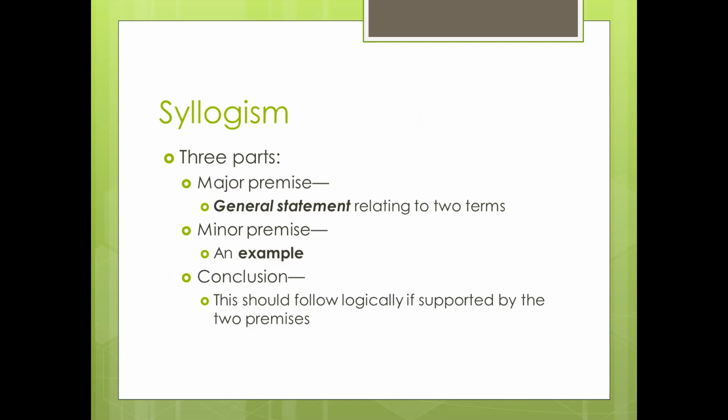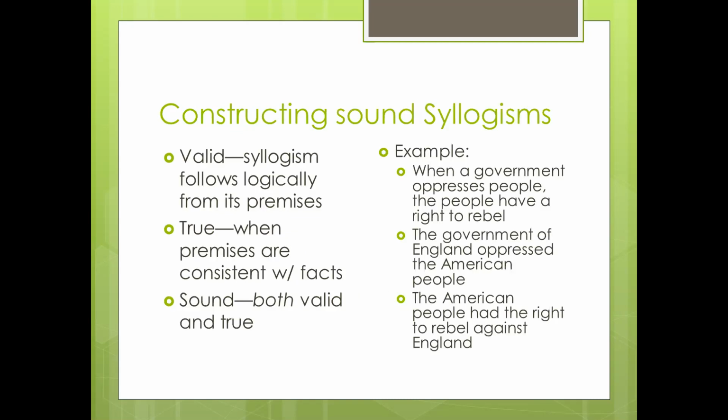A general statement relates two terms and their similarity or disparities. A minor premise provides an example to solidify the writer or speaker's opinion, and the conclusion follows logically if the two premises are supportive.